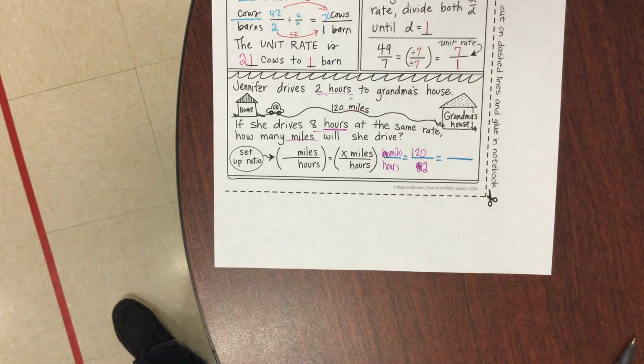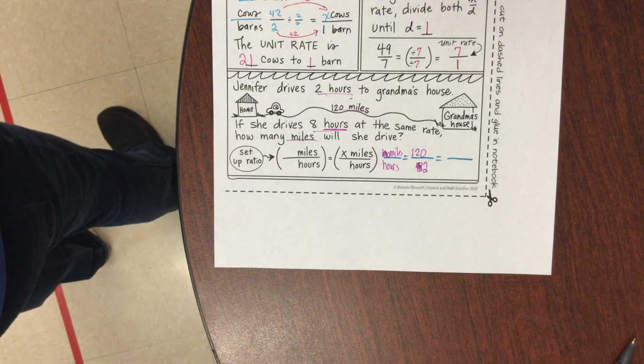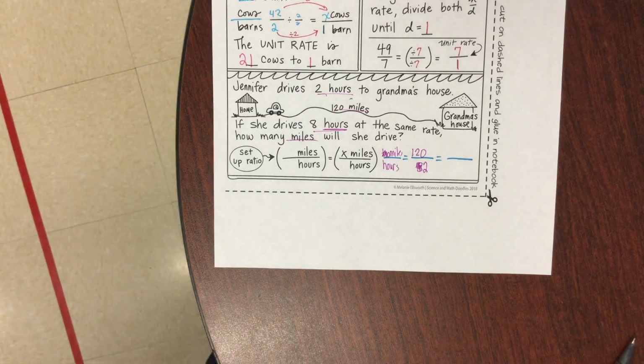Sorry, I said that wrong. So the rate that they gave me was that she drove 120 miles in 2 hours, correct? That's the rate that they gave me. I want to know if she drives 8 hours at the same rate, how many miles will she drive?